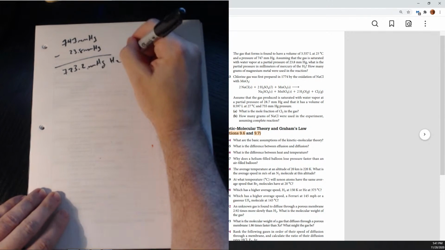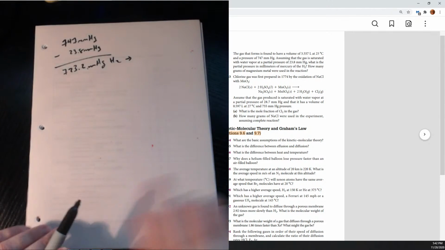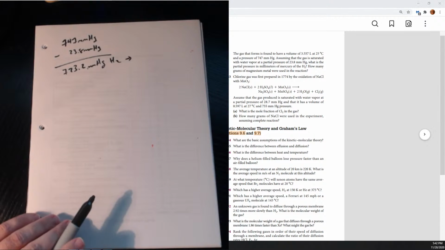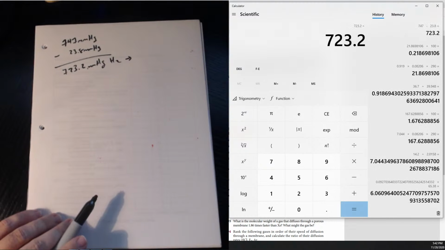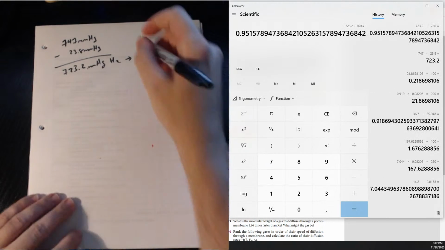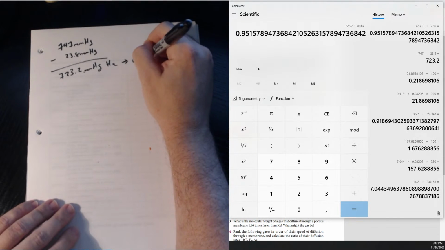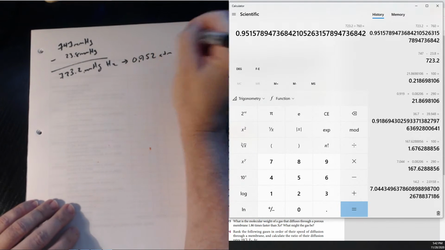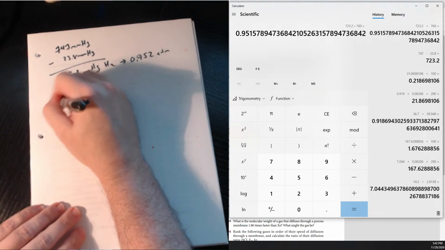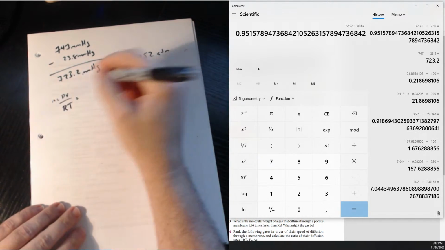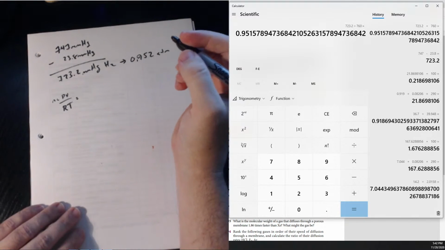So we convert that to atmospheres. Divide by 760, that'll give us 0.952 atmospheres. So the moles of hydrogen is PV over RT.